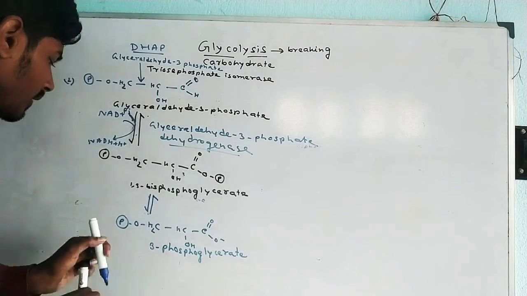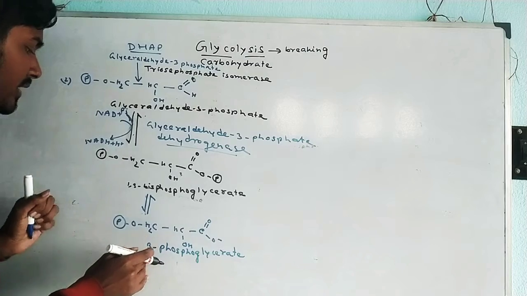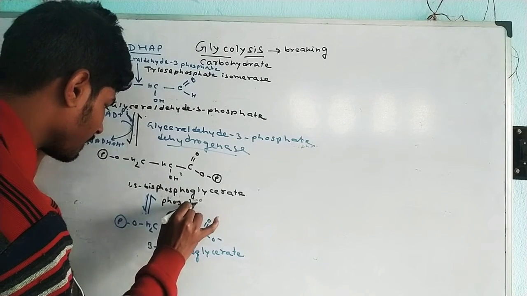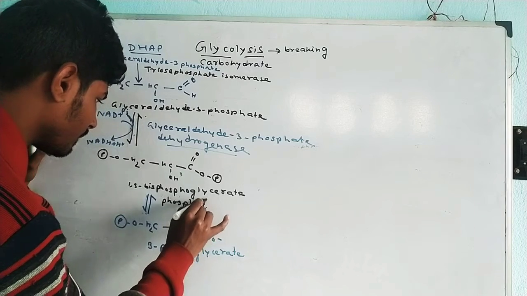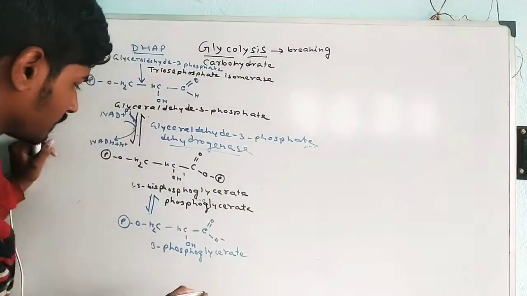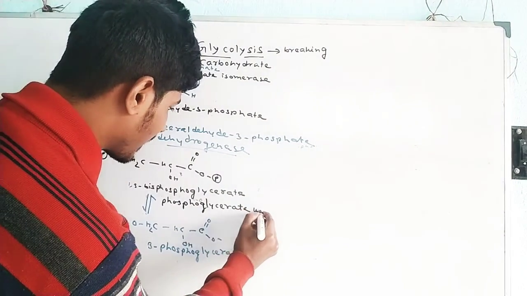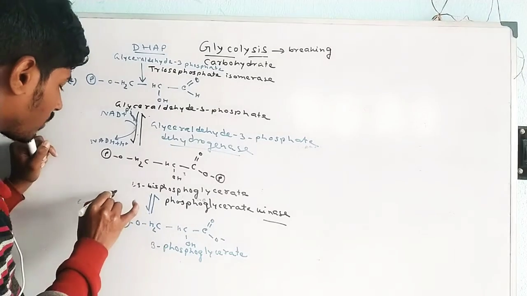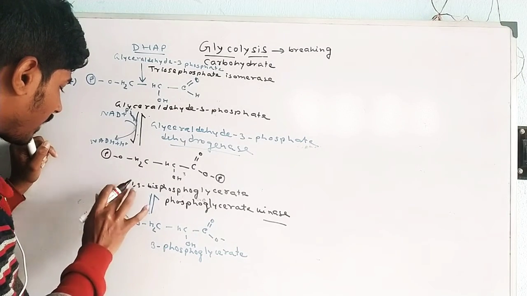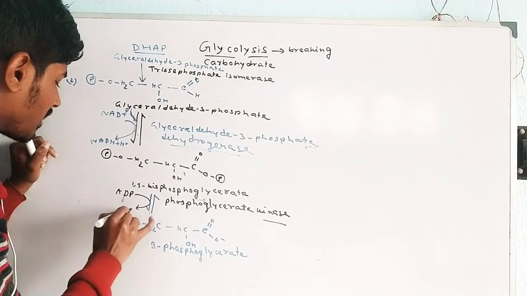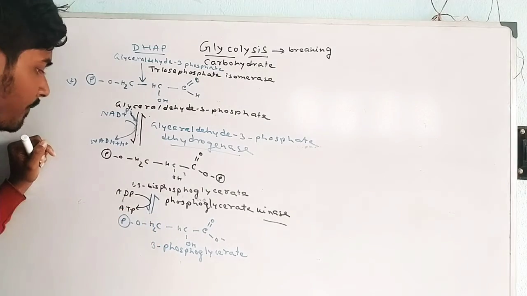Now this reaction is catalyzed by phosphoglycerate kinase, and as it is a kinase, it will form ATP here, because one phosphate is removed and ADP is converted to ATP.